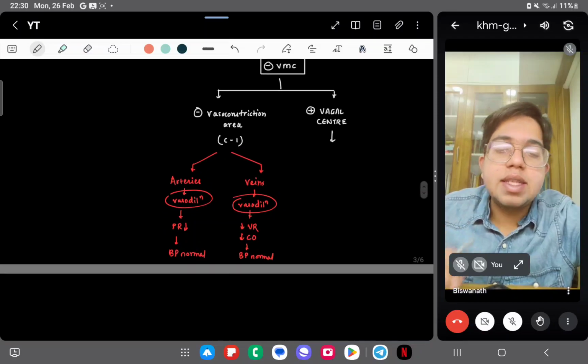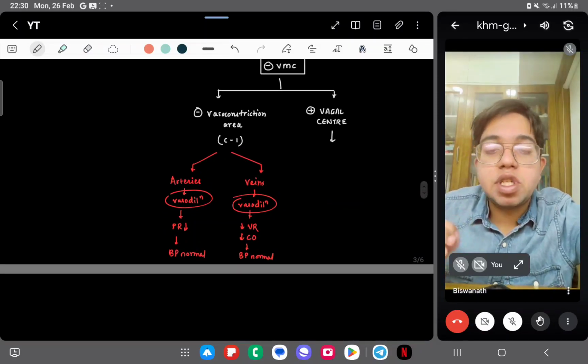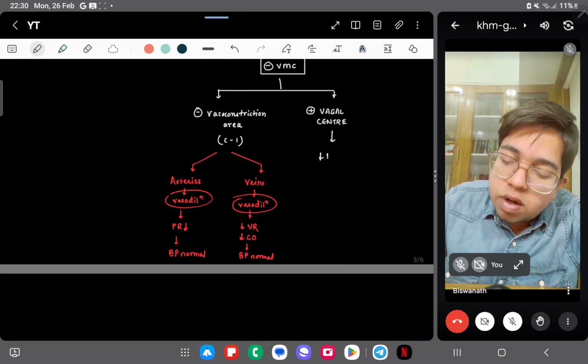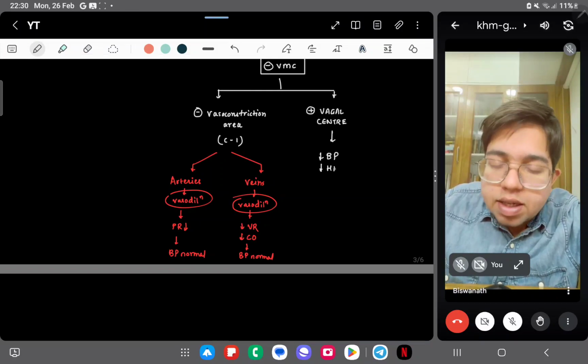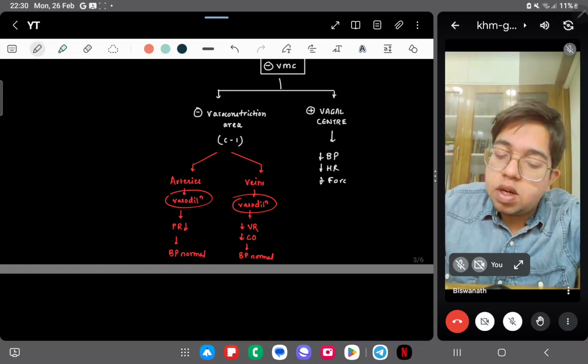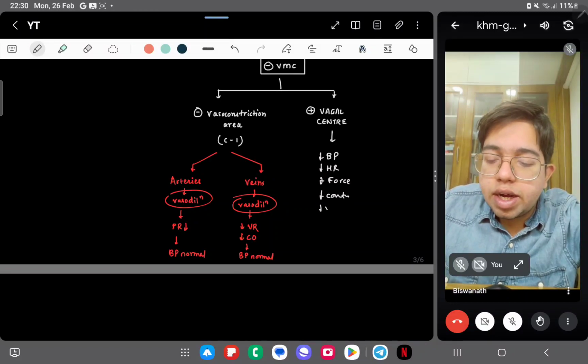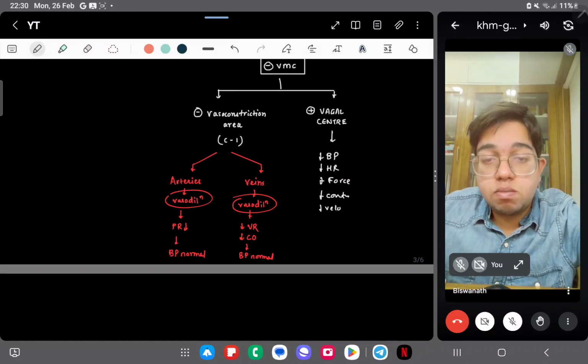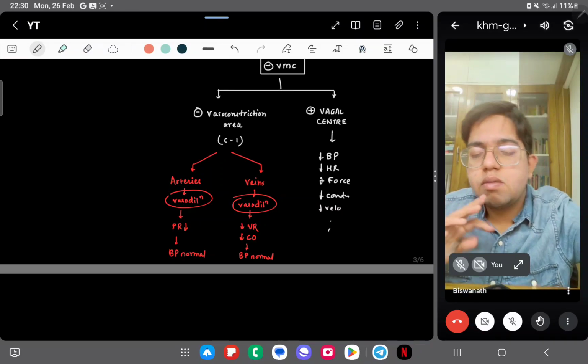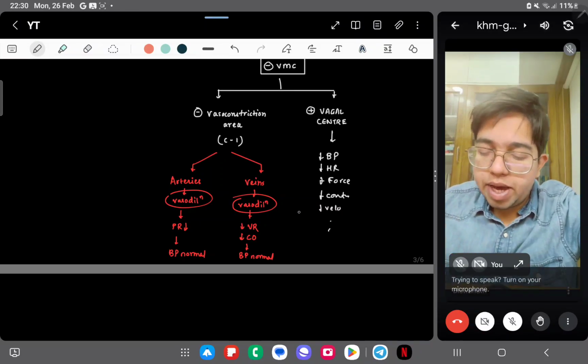Parasympathetic. And this parasympathetic activation, what will it do? Of course, it will decrease the BP, decrease the heart rate, decrease the force of contractility of the heart, and decrease the velocity of impulse conduction. So BP again comes to normal.